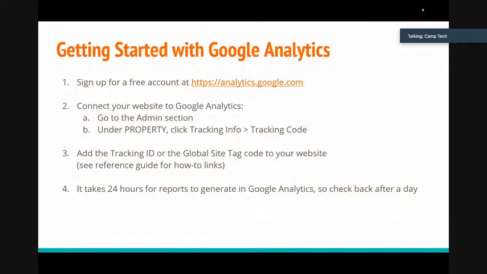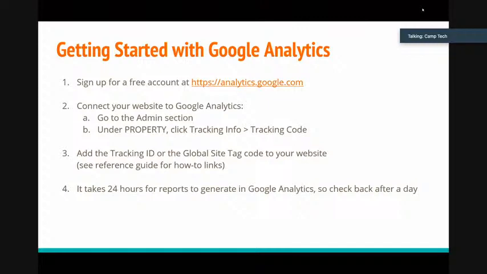But basically overall, so that you have an understanding of how these two get connected, when you go into Google Analytics, there's an admin section, which we're going to spend a little time in this evening. And when you go under the property tab, you'll click into tracking info and you'll see that there's a tracking code there. So that tracking ID, or there's also a global site tag.